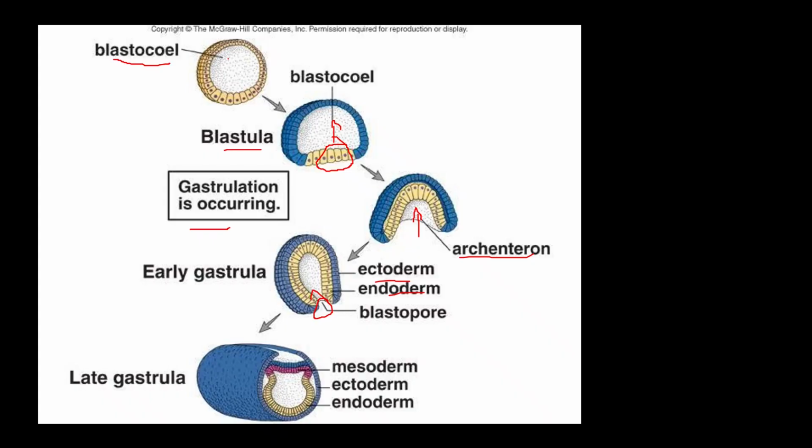Then in late gastrula, you will have the three tissues: the mesoderm, the ectoderm, and the endoderm. So all these things are happening during gastrulation, from early to late. Now we're going to watch a video that will talk in more detail about what is happening in the frog, but this is just an initial explanation.